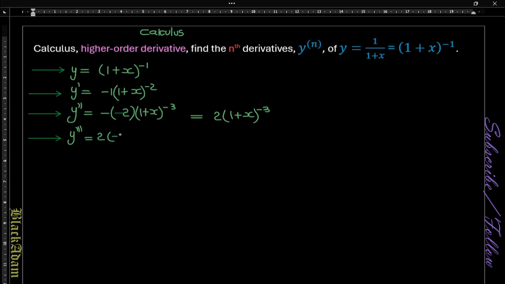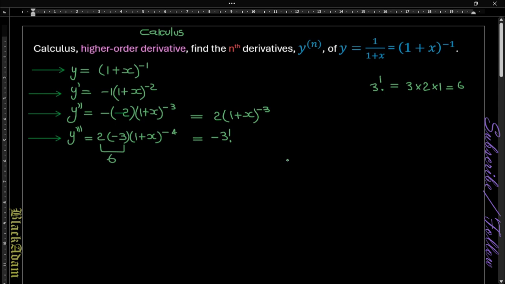Then the third derivative will give us 2, bring down negative 3, multiply by (1 plus x) to the power negative 4, which translates to 3 factorial, so that means 3 times 2 times 1, that gives us 6, so 2 times negative 3 is negative 6. So that's negative 3 factorial times (1 plus x) to the power negative 4.